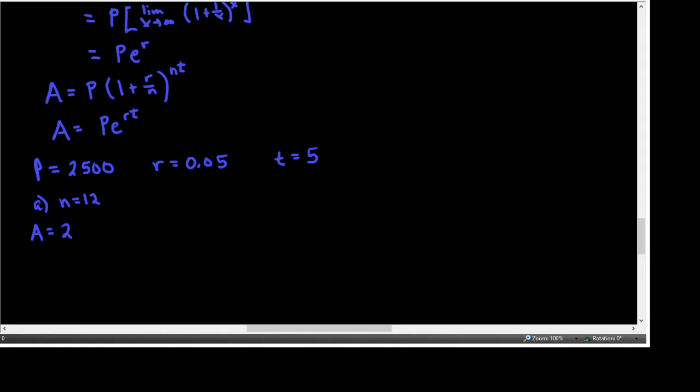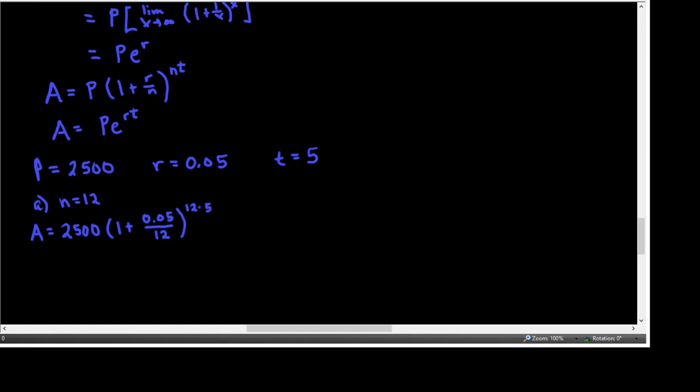So this will be 2,500 times 1 plus 0.05 divided by 12, that's what n is, to the 12, which is what n is, times t, which is 5.